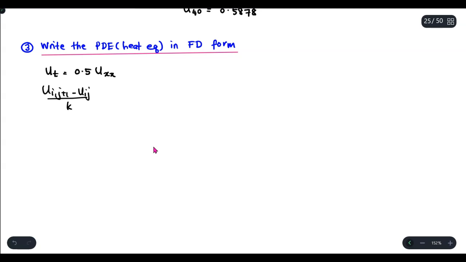That's u sub t equals 0.5 at the right, and then here we have uxx, which is 1 over 2.